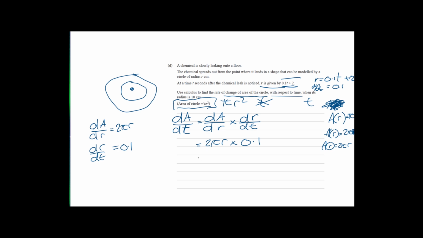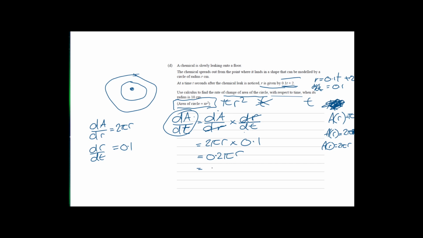So therefore the change in the area is going to be 0.2 pi r, isn't it? We combine both of those. The dr's will cancel, and we're left with dA over dt, which is what we're trying to work out in the first place.